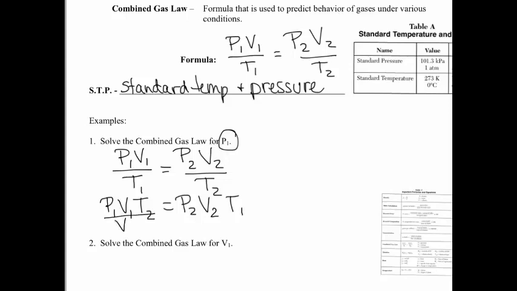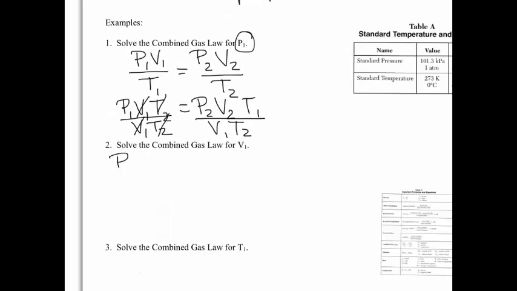So I'm going to divide by V1 T2, and now these all cancel out, and you are left with P1 is equal to P2 V2 T1 divided by V1 T2. Now you can just plug your numbers in and solve. So again, we're starting with the same equation.